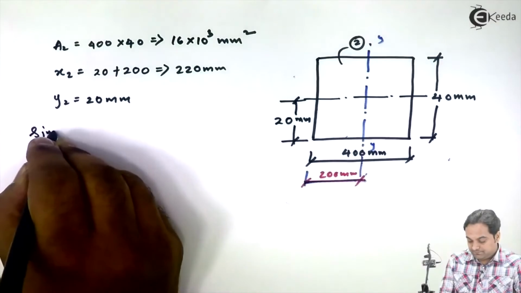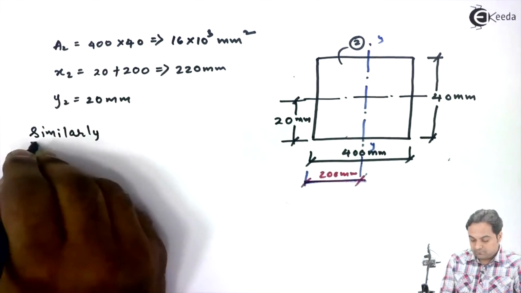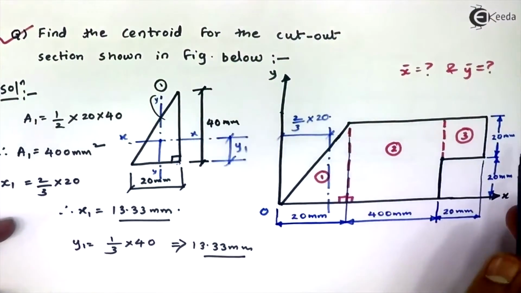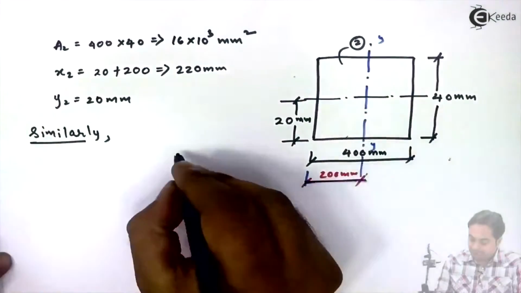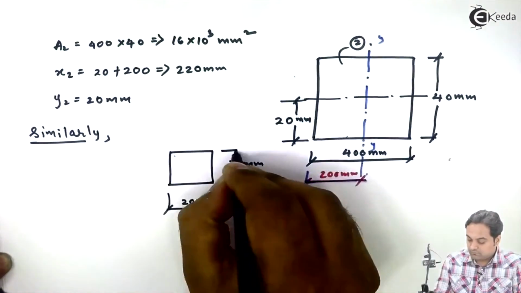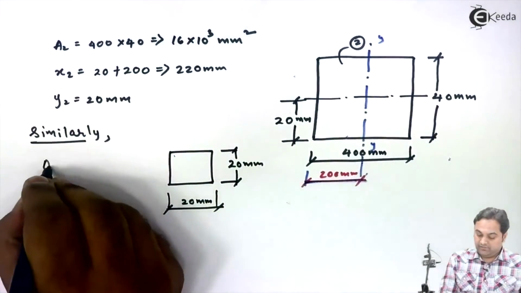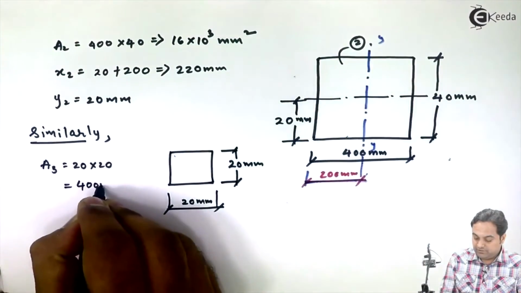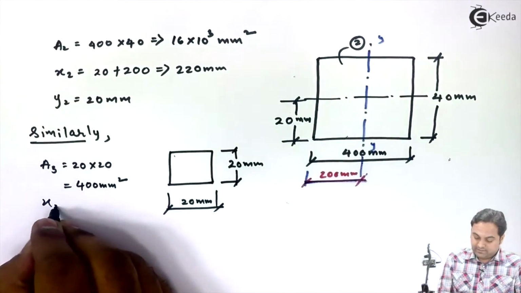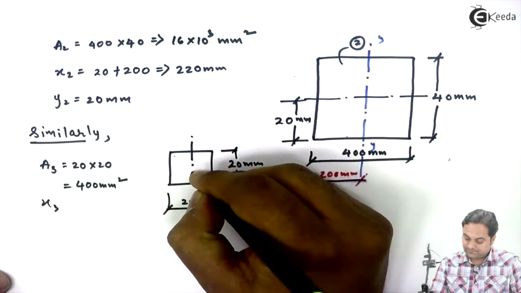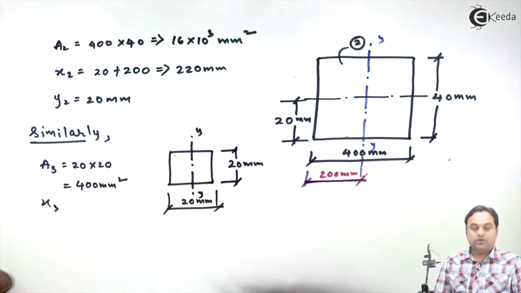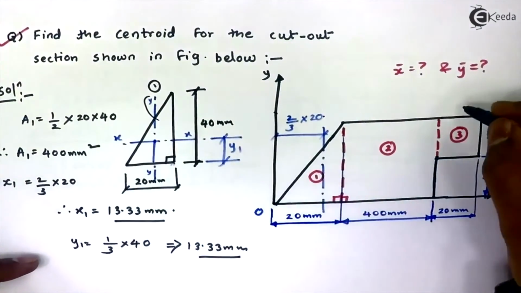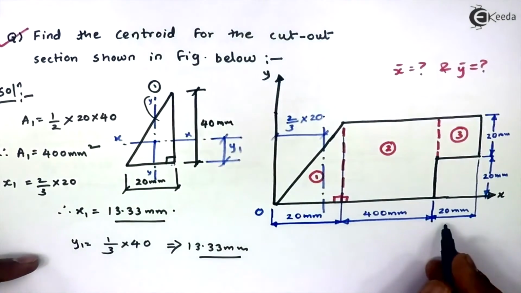Similarly, I'll take the third figure, and this third figure is a square having 20 as the side. Now your area will be 20 into 20, that comes out to be 400 mm square. x3 is the location of y-axis. For the third figure, the y-axis would be located at half of 20, and we are measuring the distance from origin.